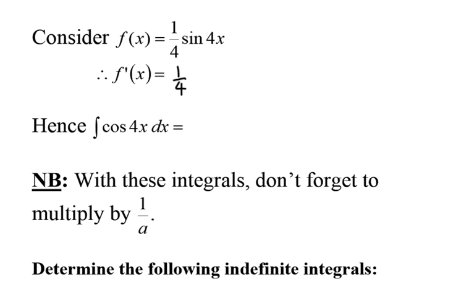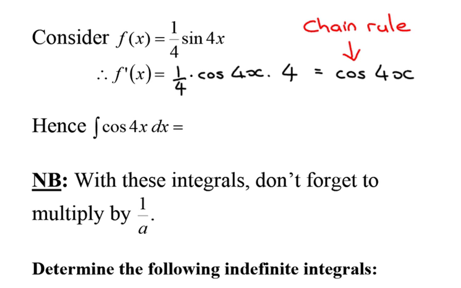The derivative of sine of an angle is cos of that angle. Then chain rule says I go inside, and the derivative of 4x is 4. So if I simplify that out, quarter times 4 is 1, so I'm going to get cos 4x. What I used to get that is the chain rule.